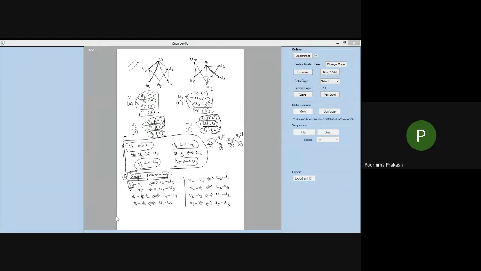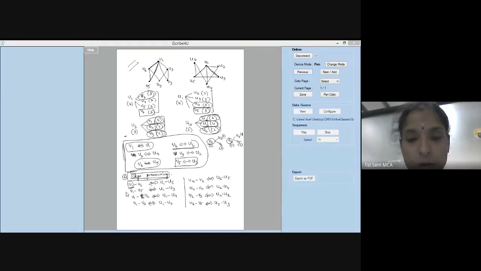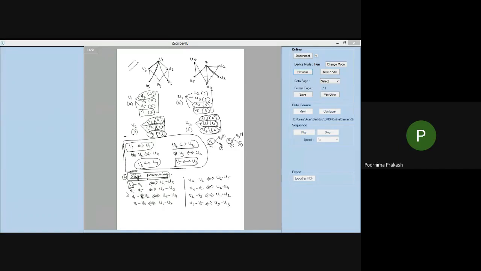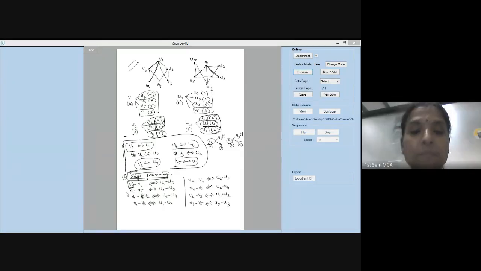Ma'am, can we take U1 to U4 instead of the V1 to V5 edge? You are asking, for V1 to V5, can you take U1 to U4. See, how you do edge preserving depends on your previous step of vertex preserving. For that case, have you made V5 equivalent to U4?